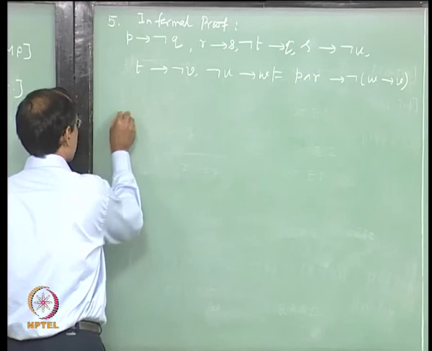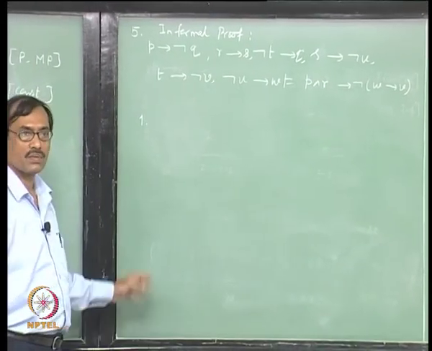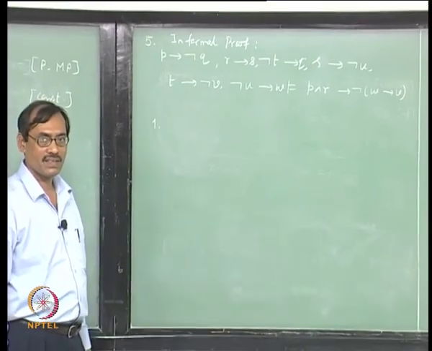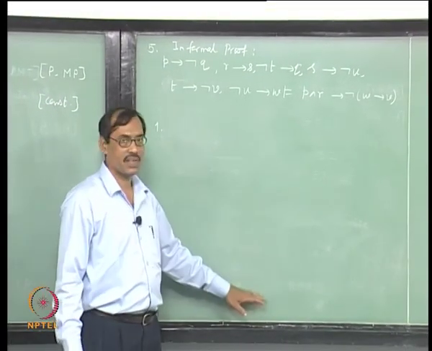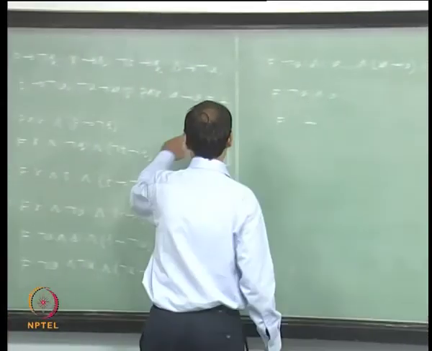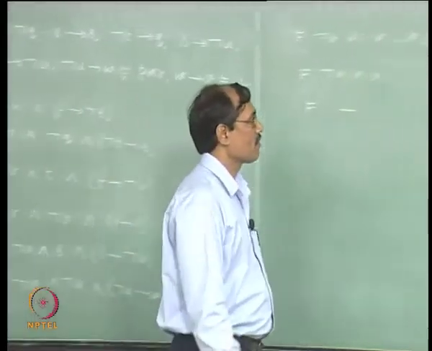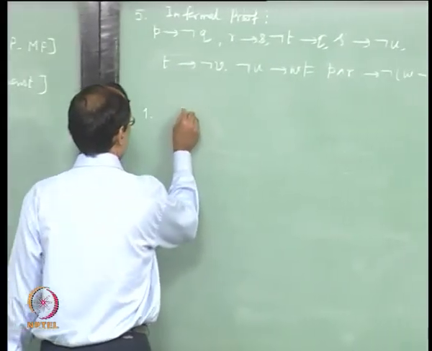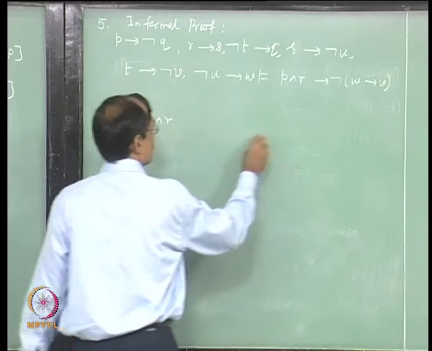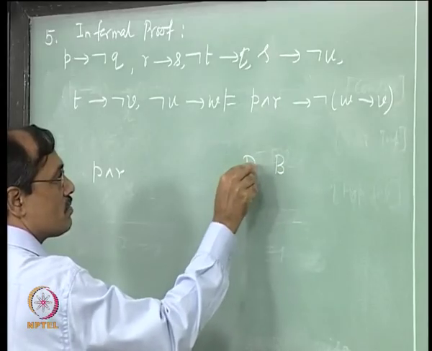We will have 3 columns now in an informal proof. In the first we give the line numbers so that we can refer back. In the second we have the actual proof, and in the third we have the documentation, just like our MP, P, MT and so on. We start with P and R; its justification is extra premise, which is deduction theorem begins.